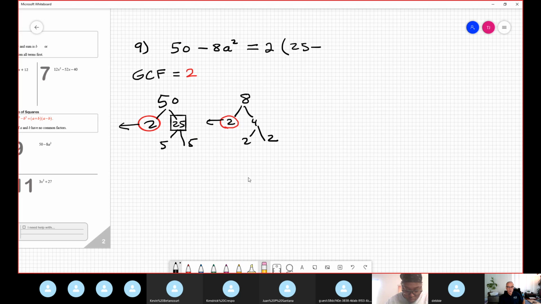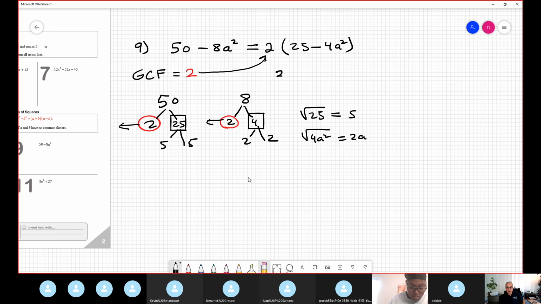Minus, when you factor out that 2, 4a squared stays. Wow, and now 25 and 4 are both perfect squares. The square root of 25 is 5, and the square root of 4a squared is 2a. And it's working like a and b in our formula. It's again a difference of squares. Please don't forget the extra 2 that was the result of the GCF.